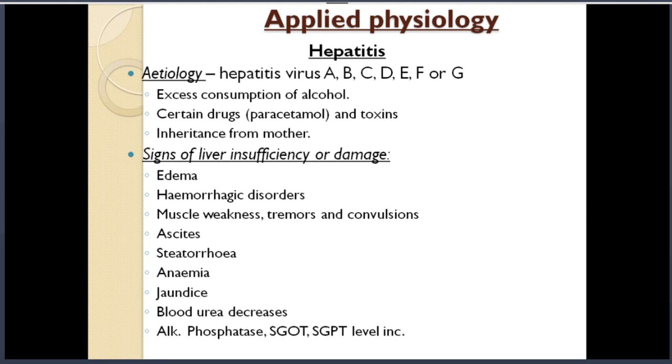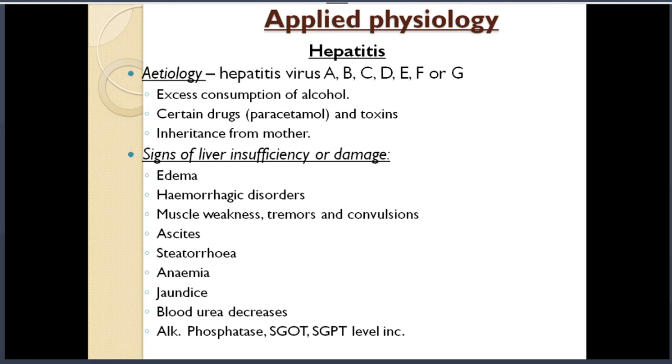It can also occur due to excessive consumption of alcohol, certain drugs and toxins. Hepatitis mainly is characterized by damaged liver tissue along with inflammation, that is swelling of liver tissue, that decreases the activity of liver, or it causes liver insufficiency.